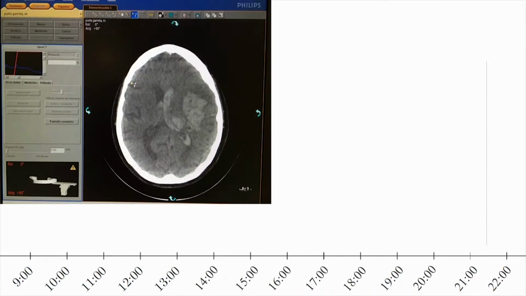And then we perform a CT scan in the own arc of the angio.